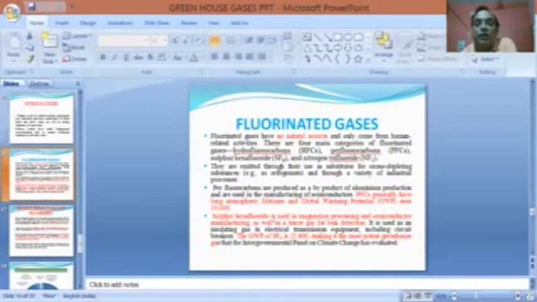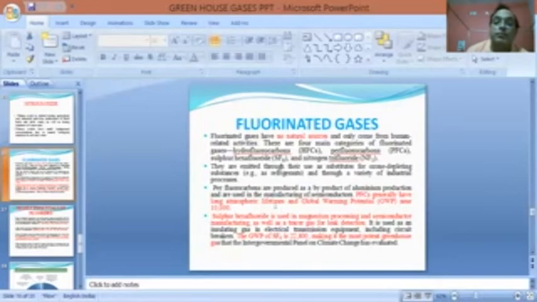Sulfur hexafluoride is used in magnesium processing and semiconductor manufacturing as well, as a tracer gas, and its global warming potential is 22,800. You can imagine the devastating global warming potential of this sulfur hexafluoride.